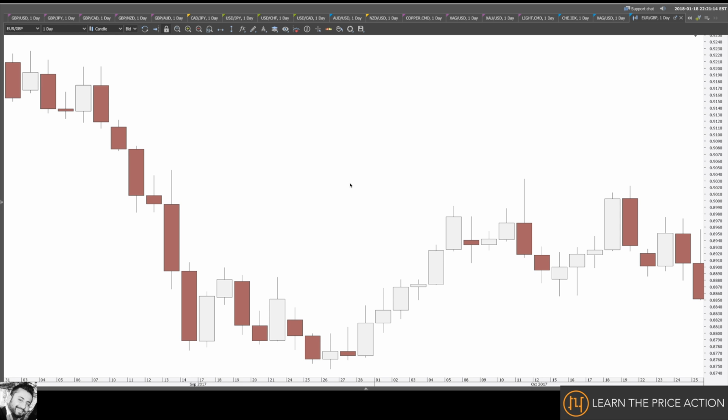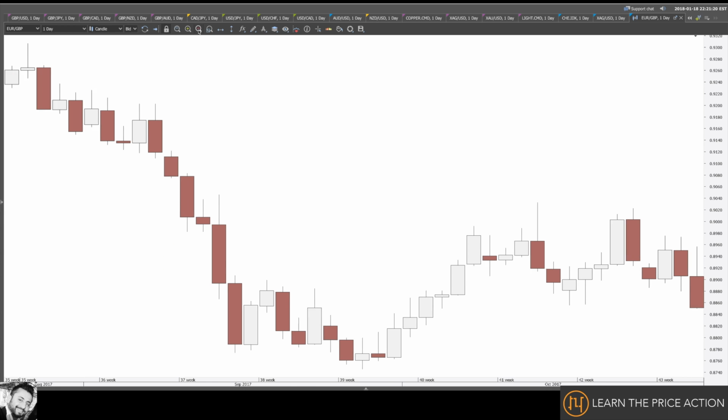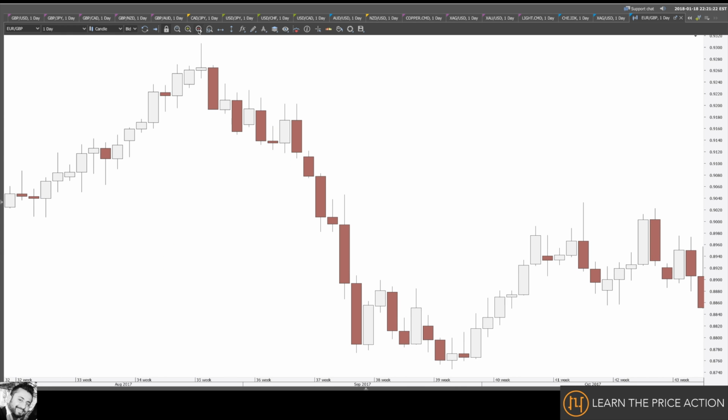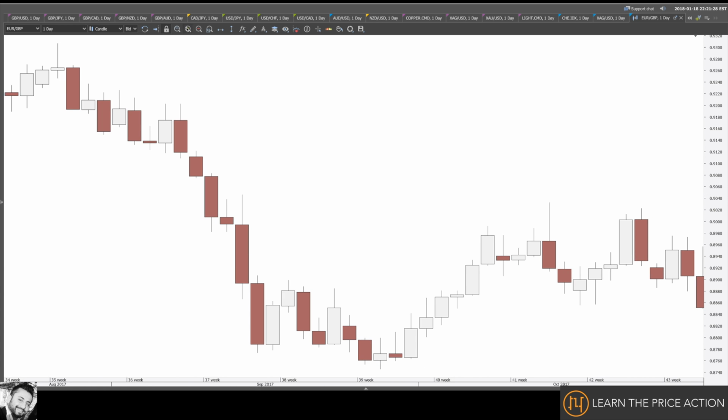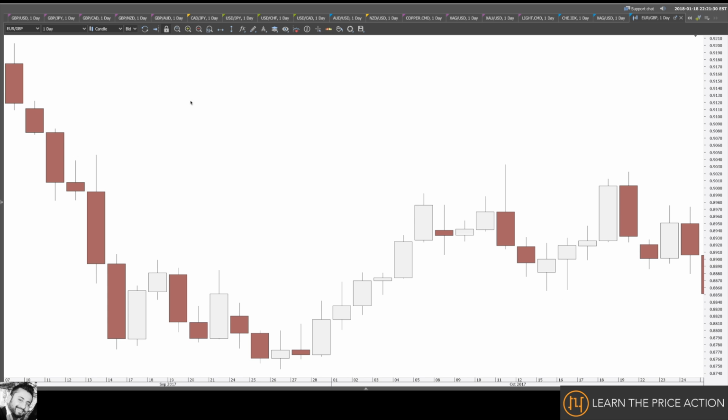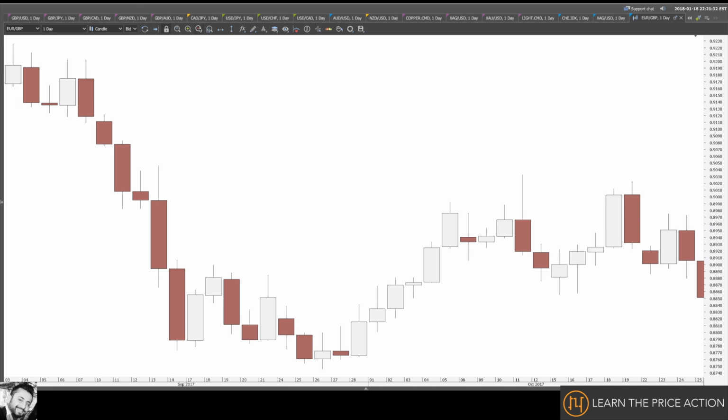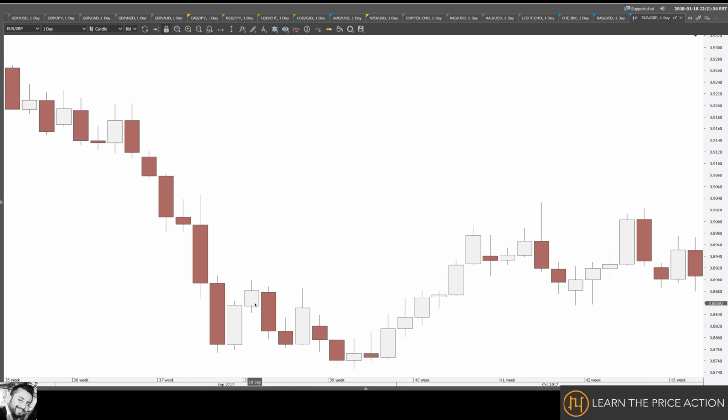So I'll show you a couple of spots here. I'm looking at the Euro Great British Pound pair, and I'll show you a couple of inside bars that happen here. Let's look at this sample of data, which a lot of people would have been confused about as to how they would have traded it.